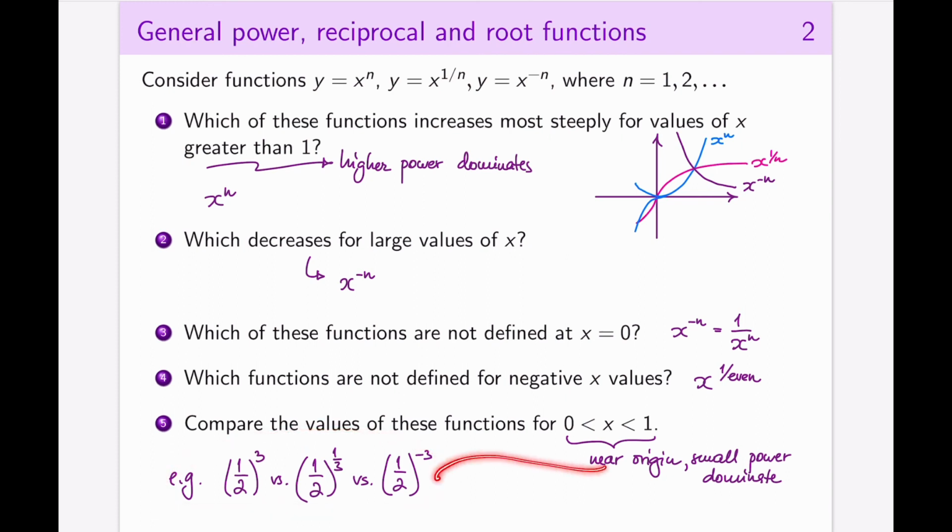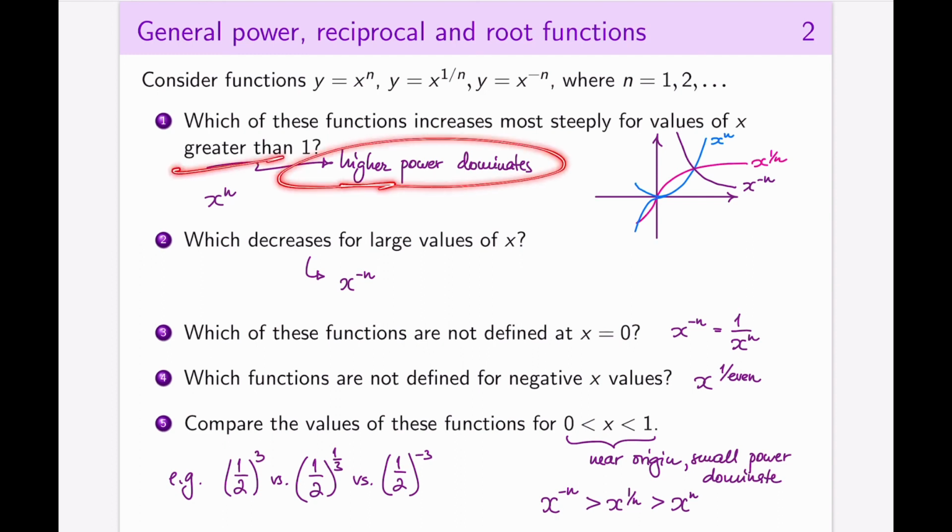But you should confirm the fact that near the origin, the smaller power will dominate, and this is also consistent with our sketch in the fact that the smallest power, being x to power negative n, will be the largest. The next one will be x to power 1 over n, and the largest power will be the one trailing the furthest behind, near the origin because the small powers dominate here.